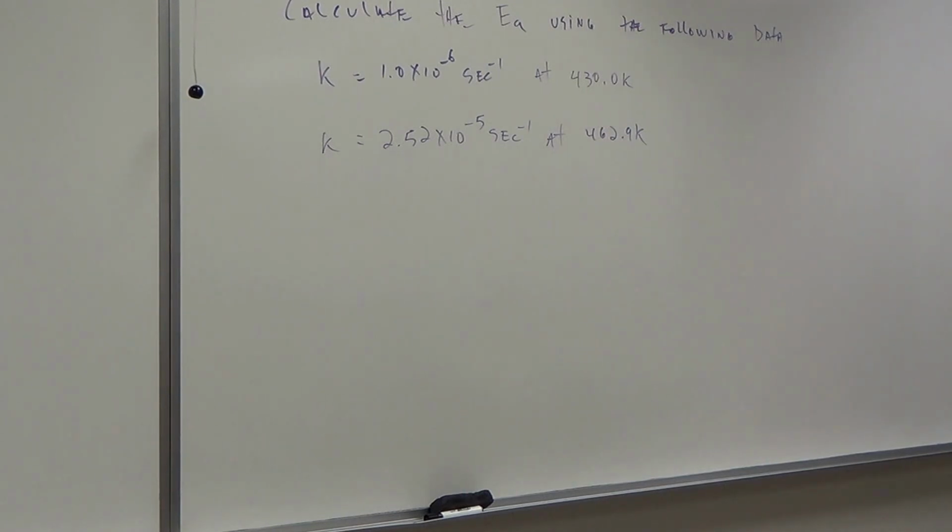What's on the y-axis? ln of k. What's on the x-axis? 1 over T. And would it be a negative slope or a positive slope? Negative slope. And the slope of that will be equal to? Minus EA over R.